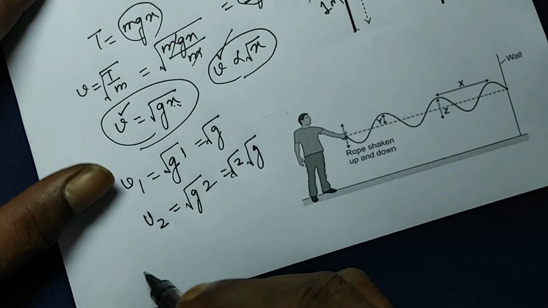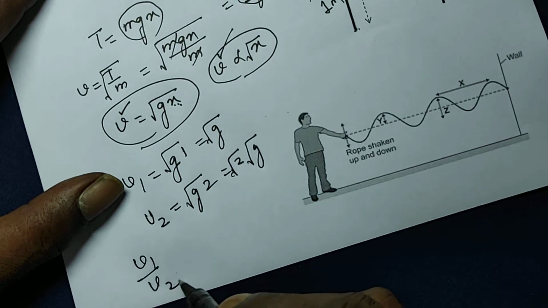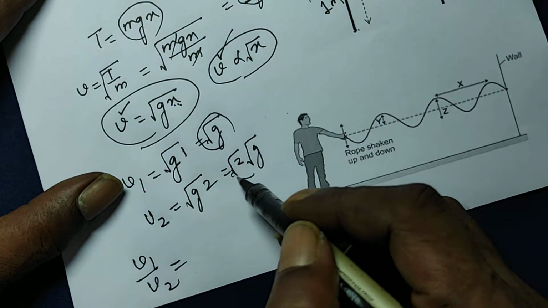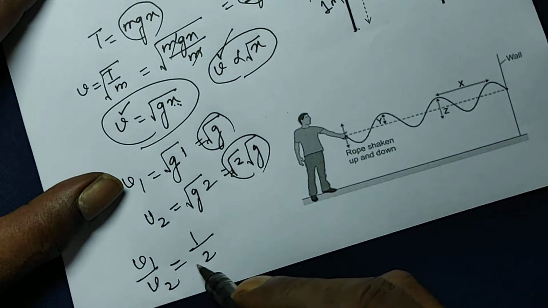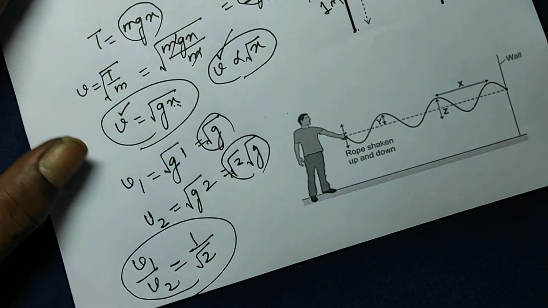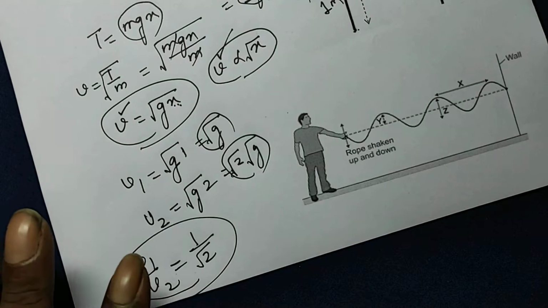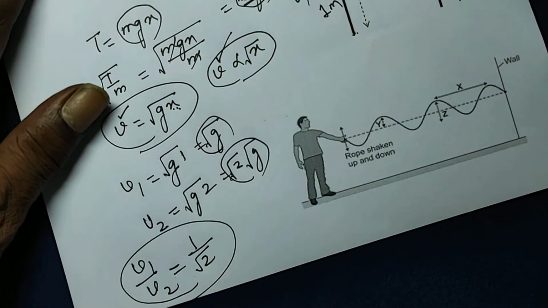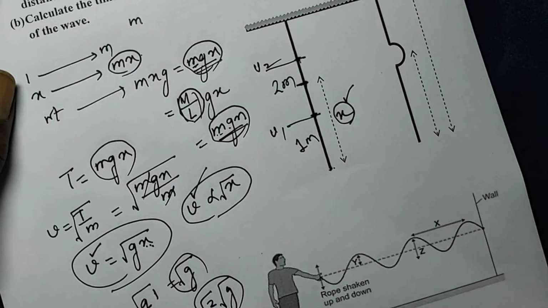Now you can take the ratio. v1 over v2 is equal to 1 by root 2. So in NEET they can ask up to this situation.